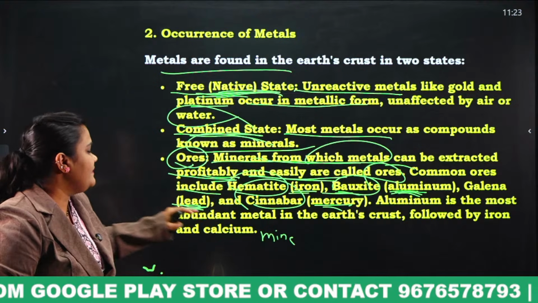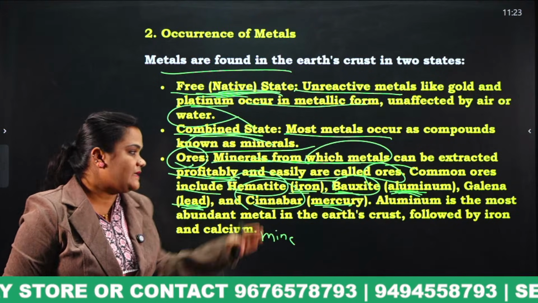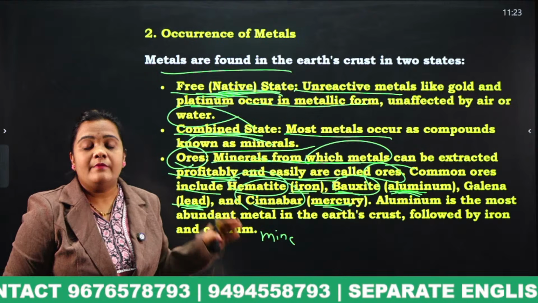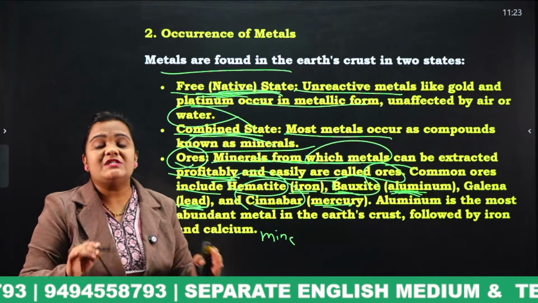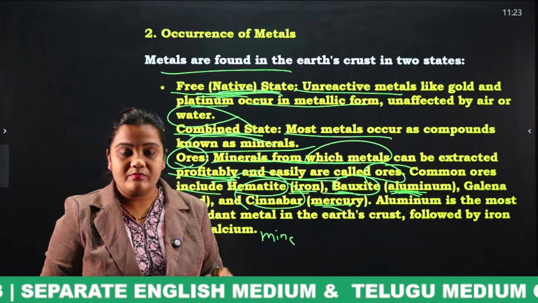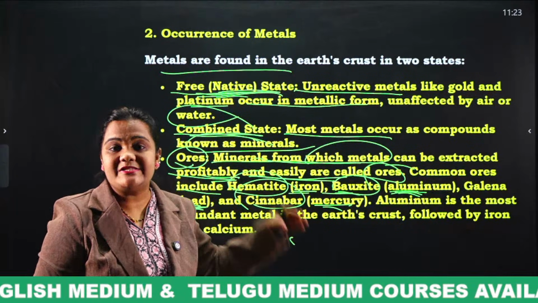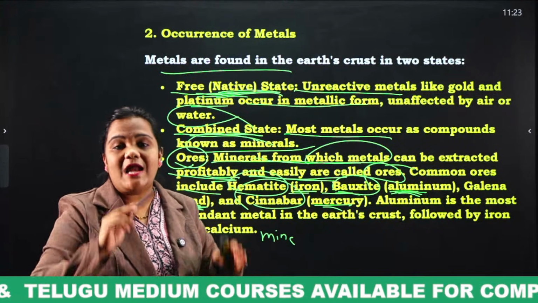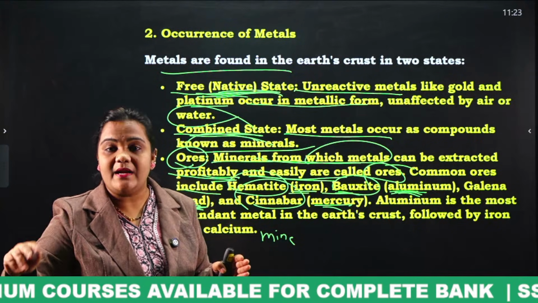Aluminium is the most abundant metal in the earth crust, followed by iron and calcium. Very, very important. Which is the most abundant metal present in our earth crust? Aluminium. After aluminium, iron, and after iron, calcium.